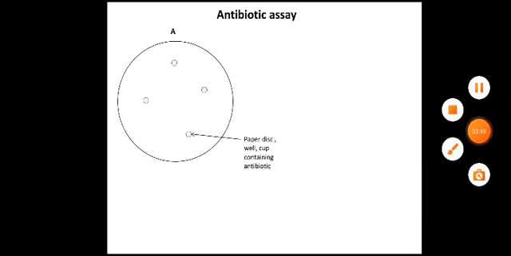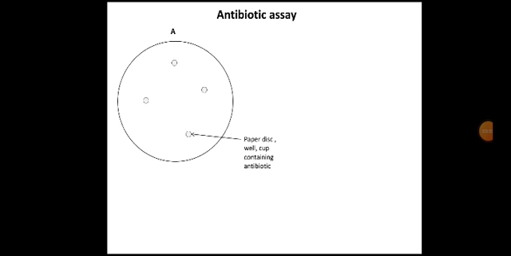Now there are various forms of these diffusion assays. The material that we can use is either sterile filter paper discs, wells, or cups containing antibiotics. The wells can be bored into solidified medium, and these wells are then sealed by the addition of a drop of molten agar.